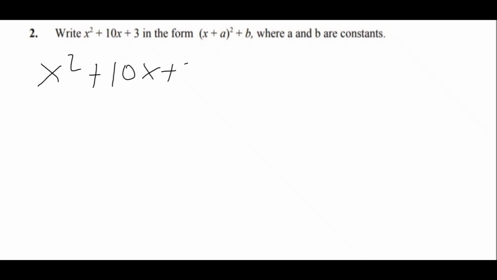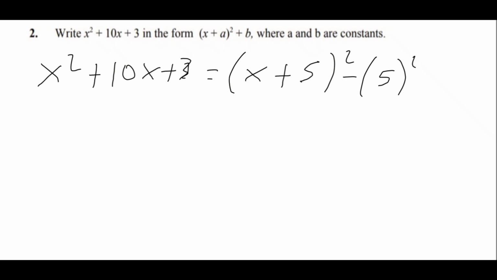So we write it down, and then we identify b as 10 and c as 3. So we'll have (x + 10/2), which is 5, so (x + 5)², minus (10/2) all squared, which is 5², plus 3.